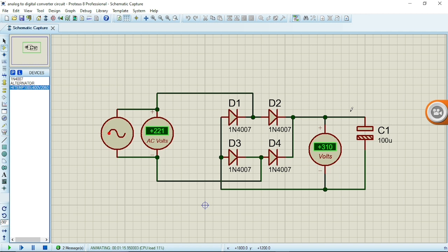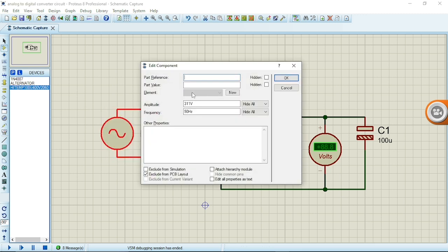When I make a voltage divider, I will reduce this 310 volts to a smaller DC voltage, and this is what I'm going to be doing with this. I will consider a 320 volt amplitude. Let me just write 342.